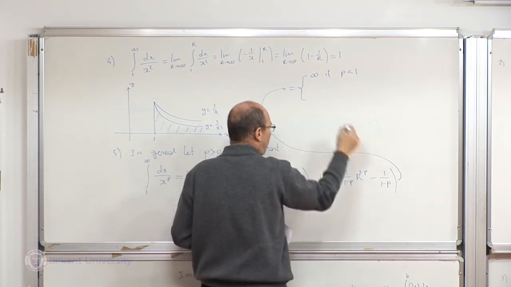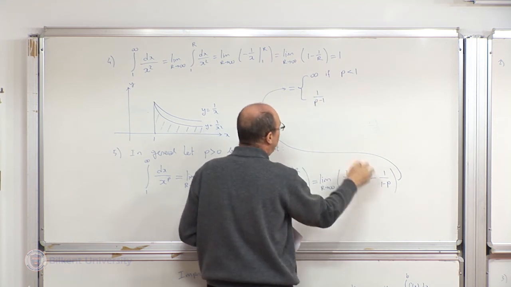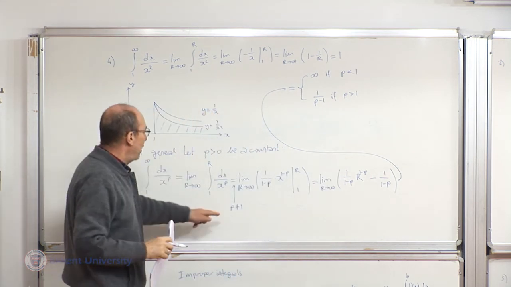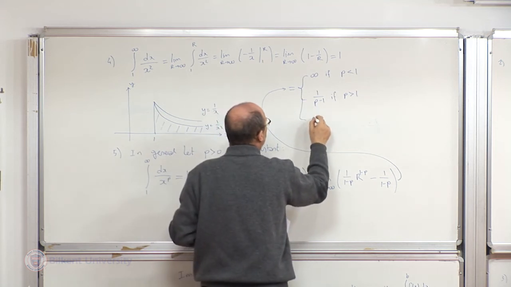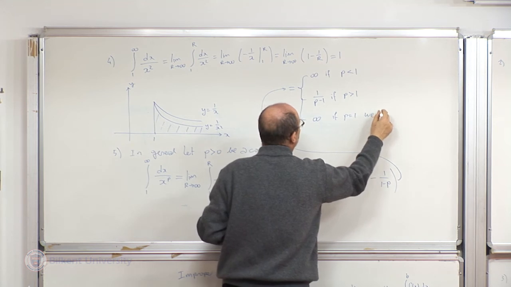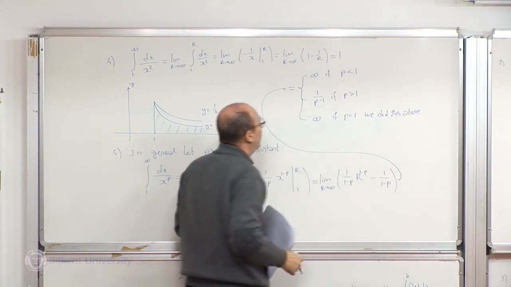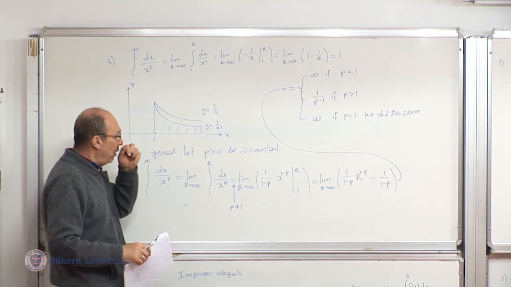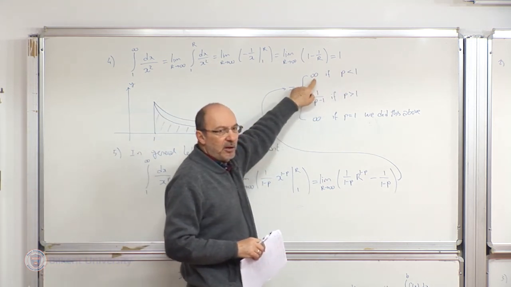And this goes to a finite number, 1 over p minus 1, if p is larger than 1. When p is equal to 1, we already did this above, and it is infinite. So this is called the p test. If p is less than 1, that is infinite, that we already knew.